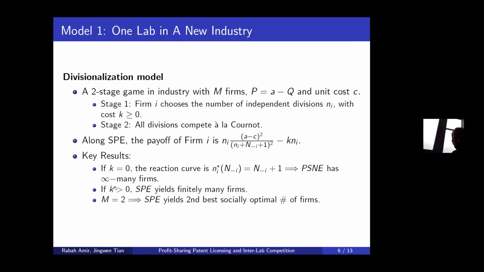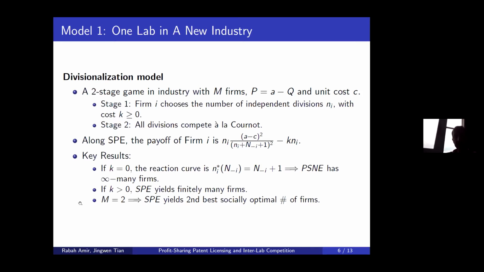So in most of the talk today, I will assume K positive, as in the paper by Bai et al., AER 96. And then this reaction curve reduces to something that's actually increasing and then decreasing. And there's a unique equilibrium, and it has finitely many firms. Obviously, how many firms it has depends on A, B, C, etc., and K. I don't give the formula because it's somewhat complicated, but it's very easy to solve.